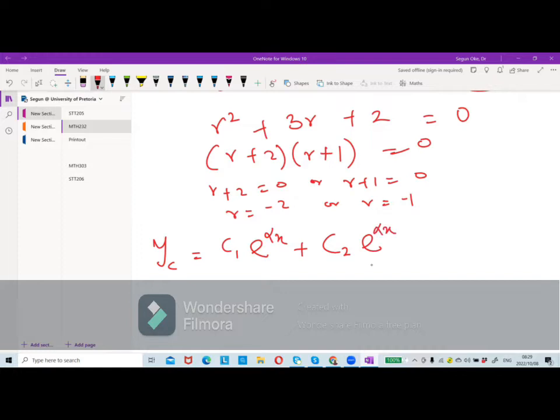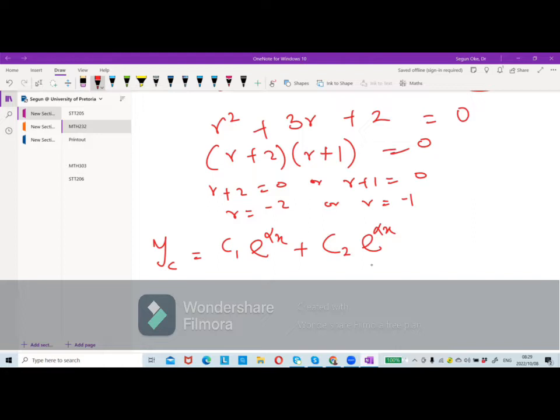Now, don't forget, two things happen at this point. Because our solution is a quadratic solution, we have two. If it is not a quadratic solution, we only have a single one, just C1.